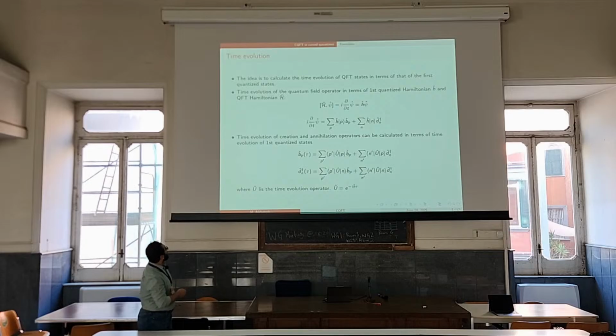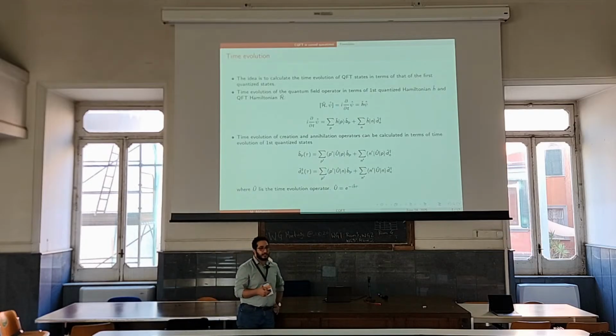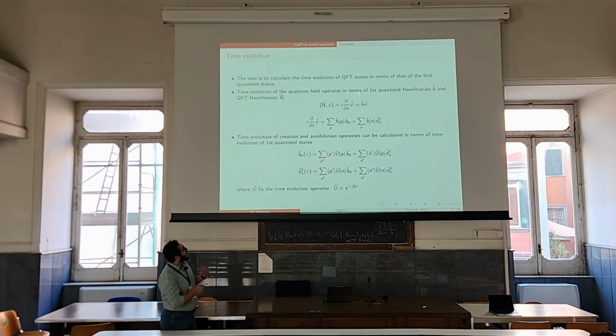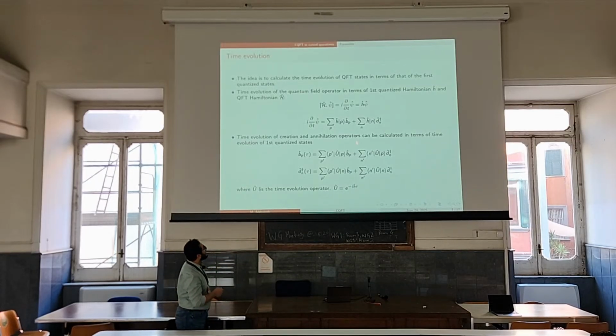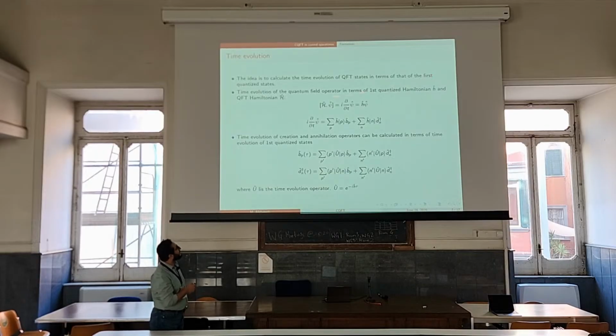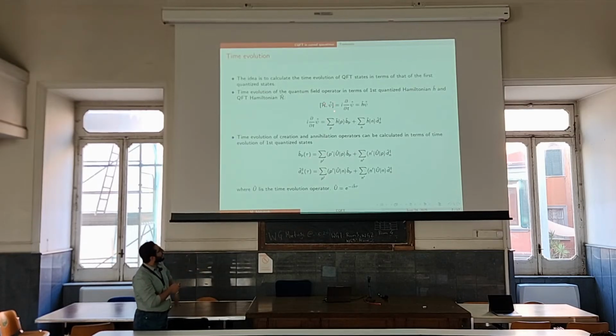And so the idea of this computational quantum field theory is to calculate the time evolution of quantum field states and the quantum field observables in terms of calculating the time evolution of the first quantized states. And in order to do so, we have the Heisenberg equation to calculate the time evolution of the field operator. And if we do this calculation, we obtain the first quantized operator multiplied by the field operator.